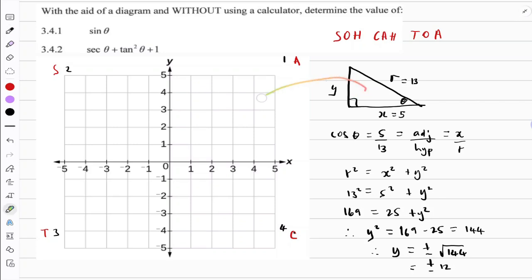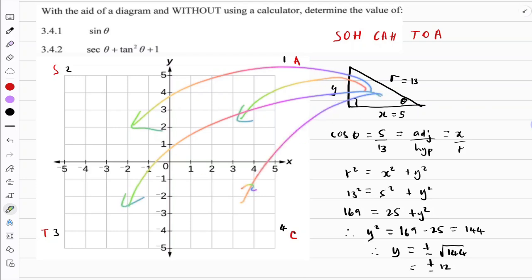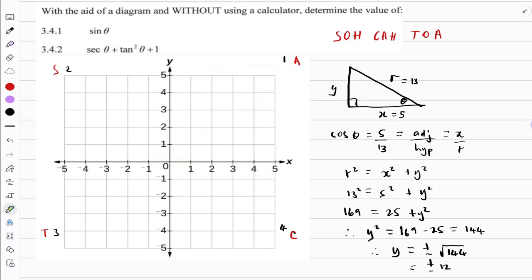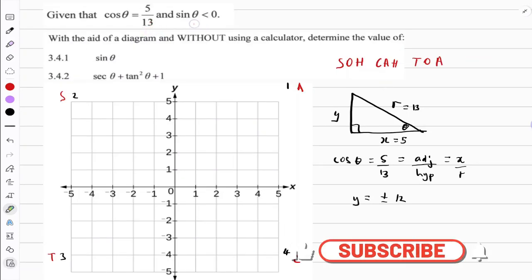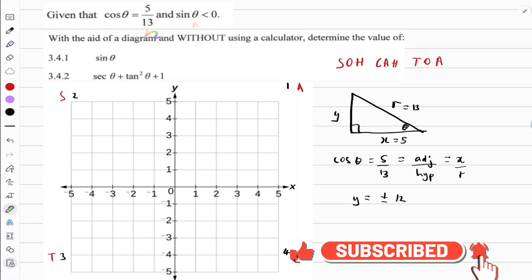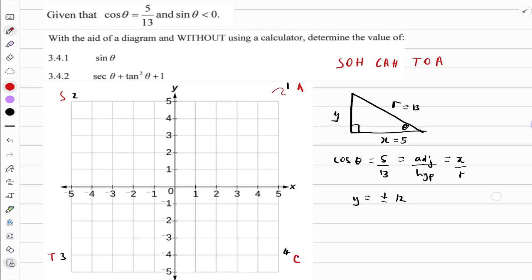But you will recall we haven't yet figured out in which quadrant our right triangle will be. So let's use our cast to figure that out. So you will recall earlier on that cos is positive and sine is negative. So let's start with cos. So cos is positive in the first and the fourth quadrant, and sine is negative in the third and the fourth quadrant.